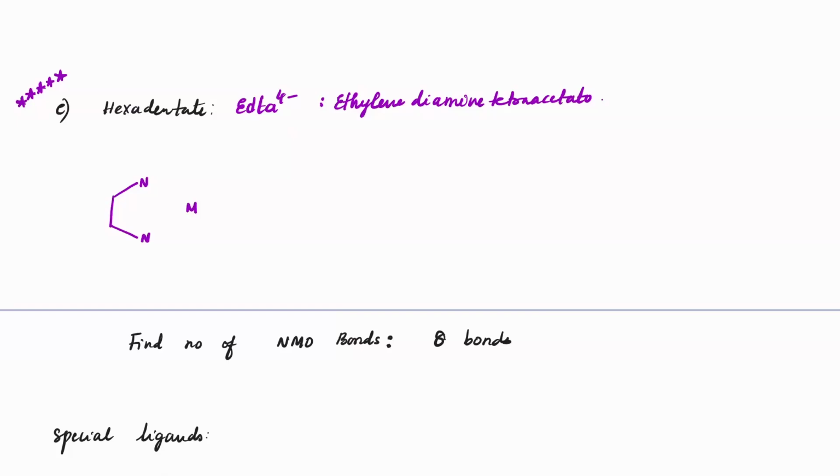Let's say one connection is coming from here, one is coming from here, and let's say one is coming from here, one connection is coming from here, one is coming from here, and the other one is coming from here, like this. Okay. So which means here the connection is carbon CH2, one CH2 here, with double bond O and O minus. That's how it is connected.